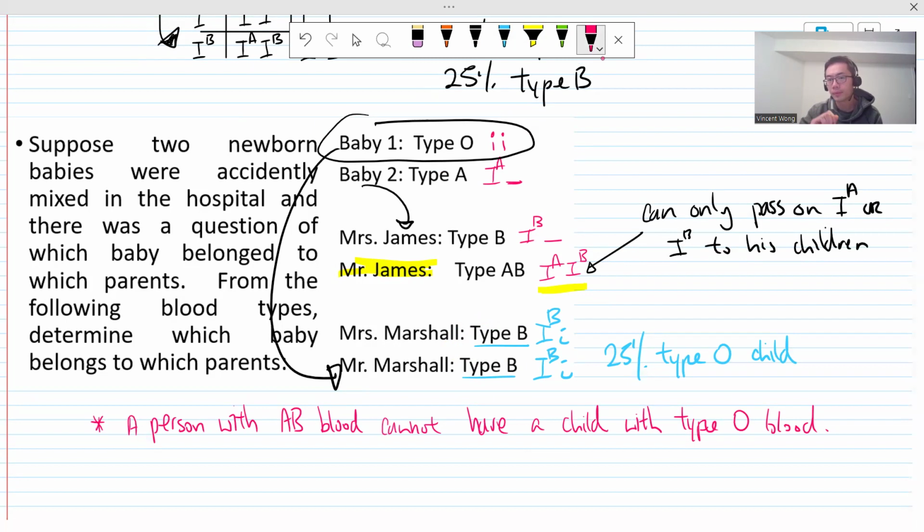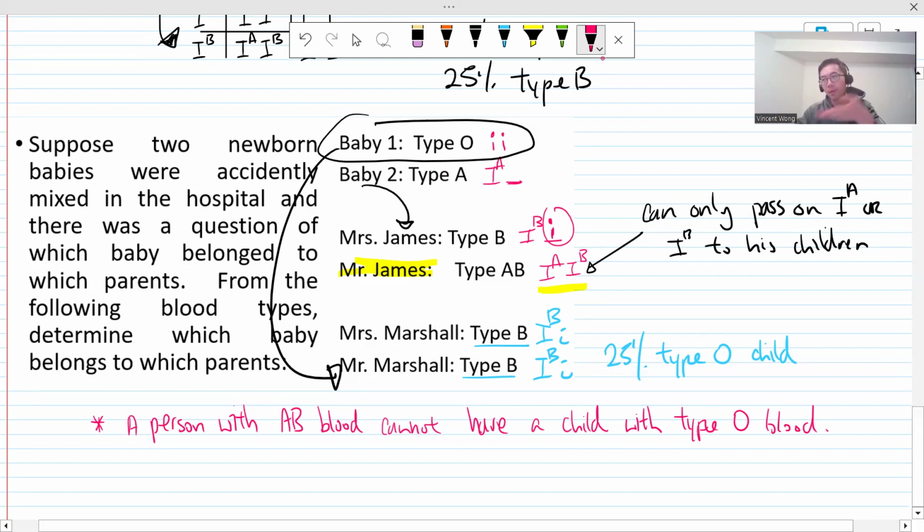Professor, both Mr. James and Mrs. James have type B and can have IB with little i. Yeah, sure. Okay, so let's say she has little i, but that's not enough to make a type O baby. To make a type O baby, each parent needs to pass on the little i.